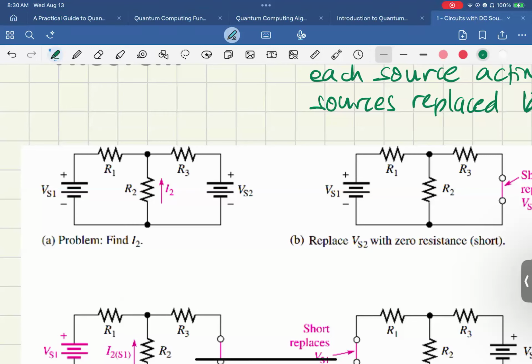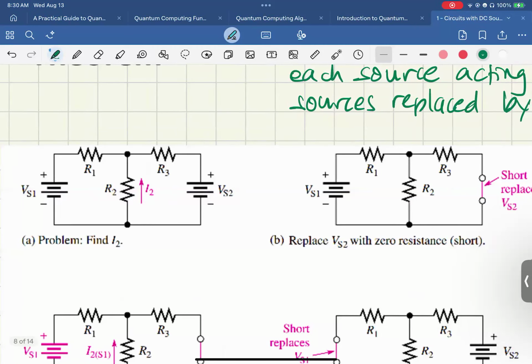Ang importante kasi sa 102 is how you use yung Kirchhoff's voltage rule tsaka Kirchhoff's current rule. Yun yung emphasis nun. Nalagpasan nyo na yun at natutunan nyo na siya. So now we're doing these advanced concepts.